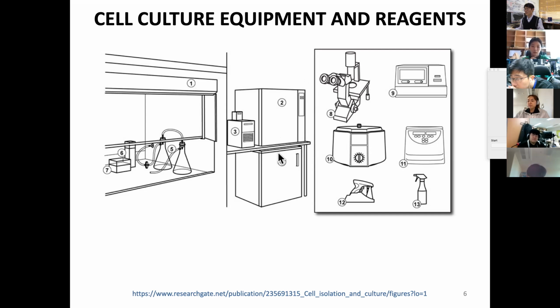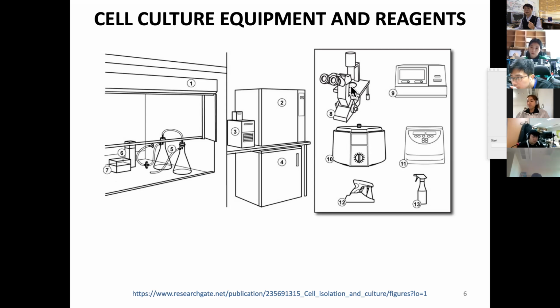This is a chiller, this is a fridge, and this is a vacuum, which is used for sucking out the medium from the cells. Number 6 is not used as often these days, because in the past we reused glass pipettes by autoclaving. Now we use disposable ones. So pipettes are here in this metal box, and 7 is a box of pipette tips.